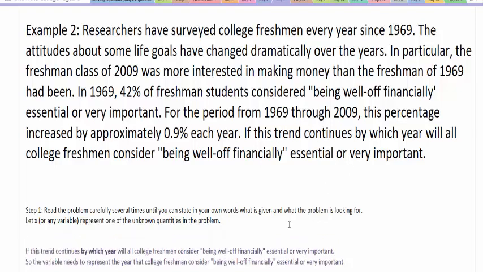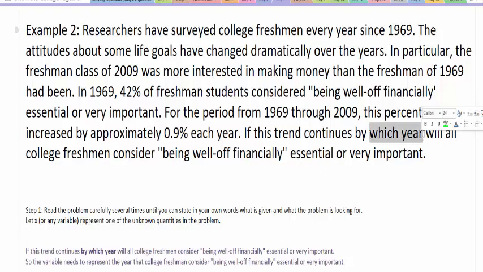For this problem, we have to again look and try to see if we can figure out, well, what are we even trying to find out? What is the unknown quantity we want? And this last sentence, once again, says, if this trend continues, by which year will all college freshmen consider being well off financially essential or very important? So we're looking for a year.